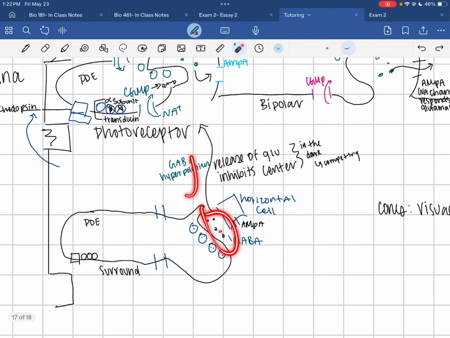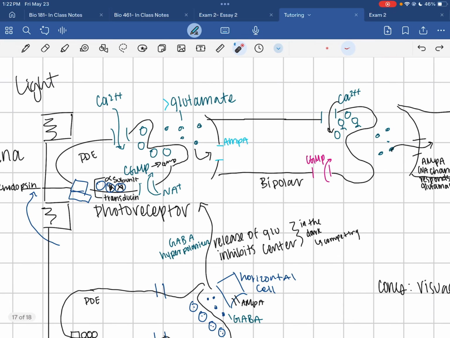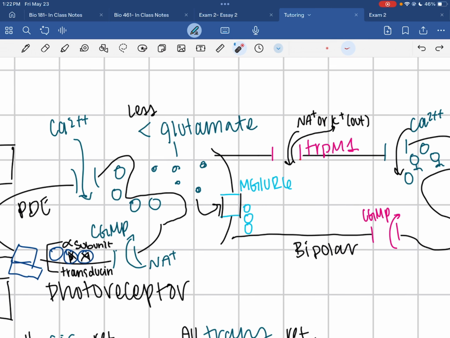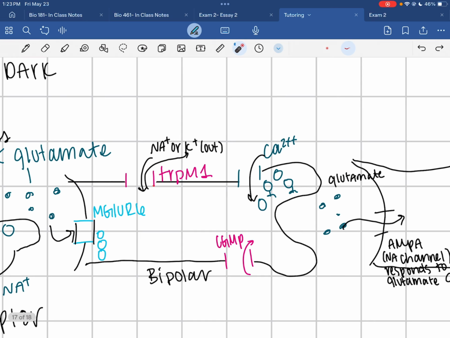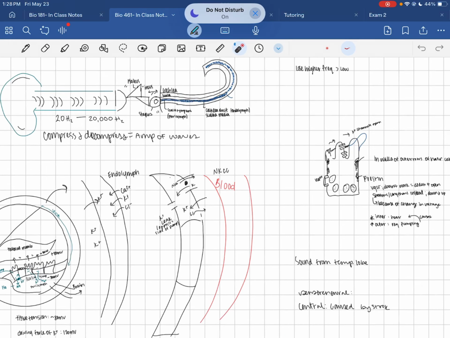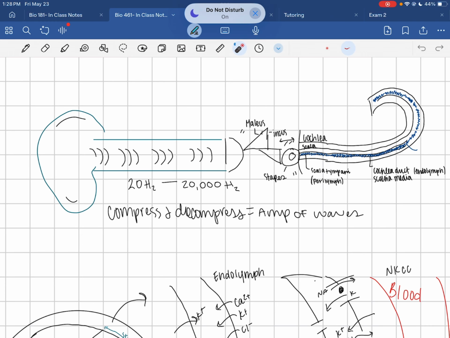So GABA inhibits the glutamate release from the photoreceptor, and the decrease in glutamate from the photoreceptor causes a decrease in glutamate going from the receptor to the bipolar neuron. Actually not confident in this at all.